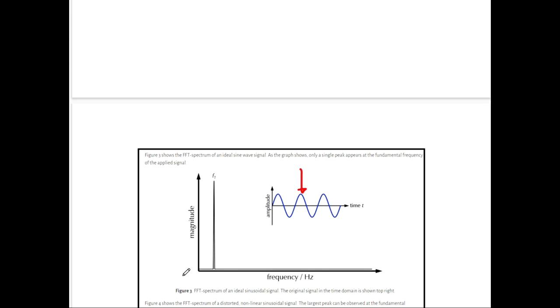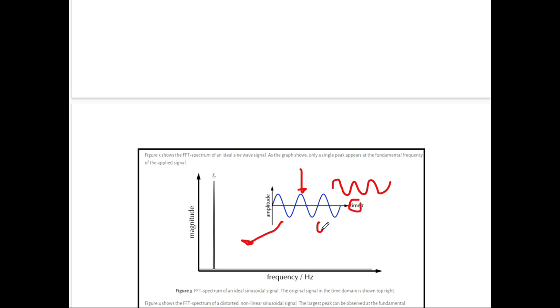So let's just say we have a pure sine wave right here, it doesn't matter the frequency, it's irrelevant, and let's say for theoretical purposes, it's perfect. There's no distortion. And this is the time domain. So this is how the sine wave oscillates in time. Now, let's look at this same sine wave in the frequency domain.